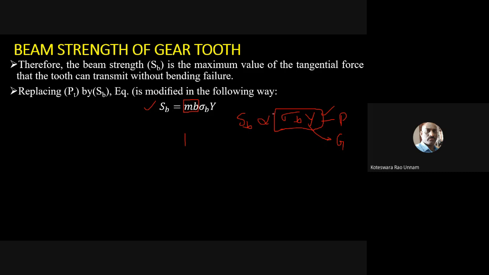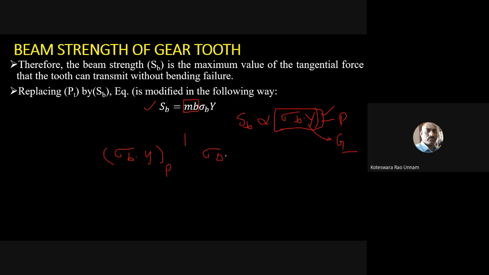Then whichever is going to be the higher is the stronger, and whichever is the lower is the weaker. If sigma_B into Y is less for the gear, then the gear is the weaker. I'll write it like this: sigma_B into Y is the value I calculated for the pinion, and I use suffix P for the pinion.